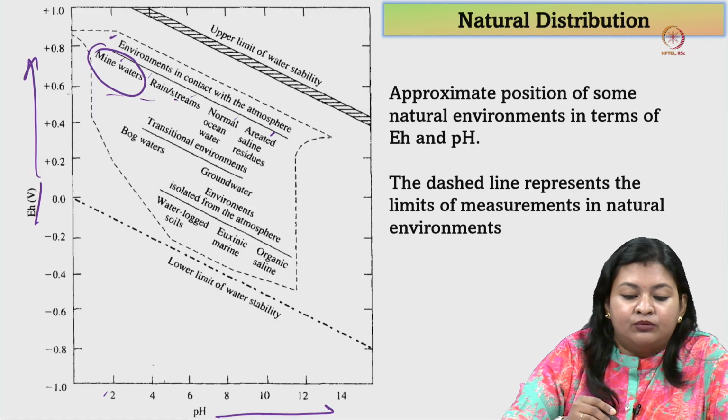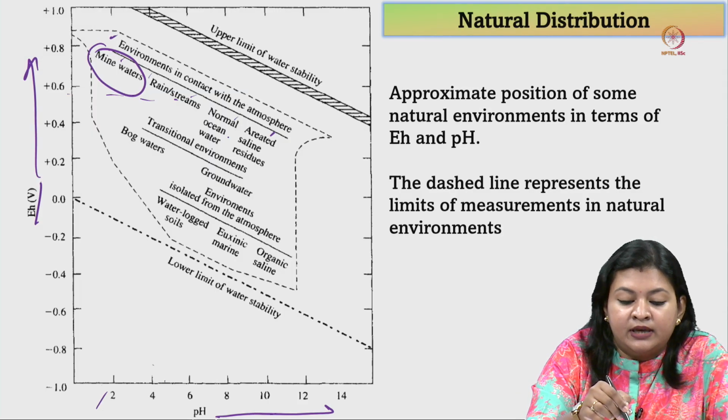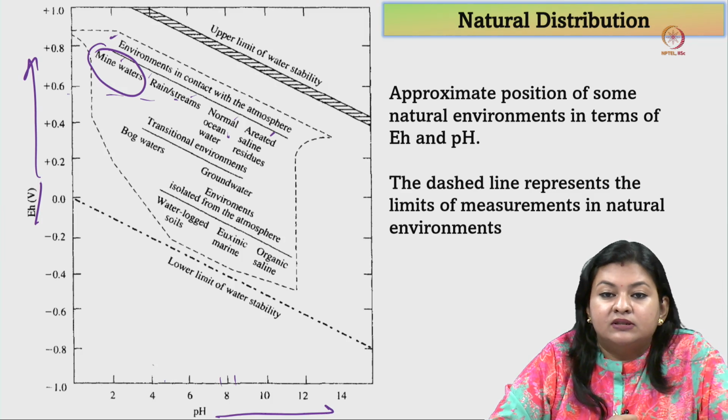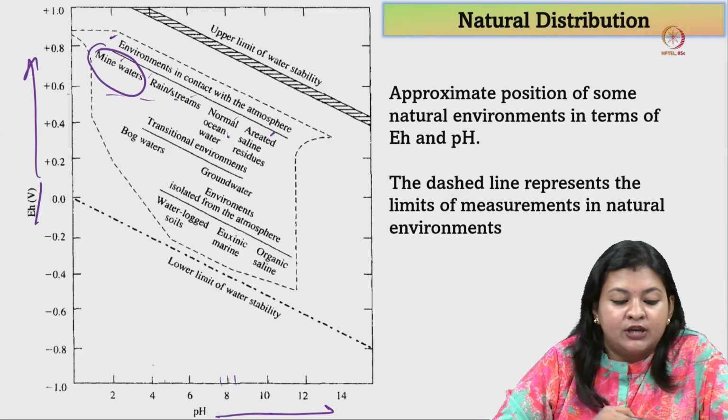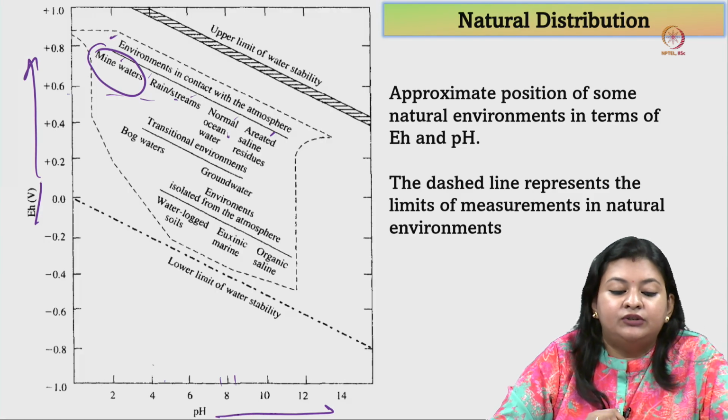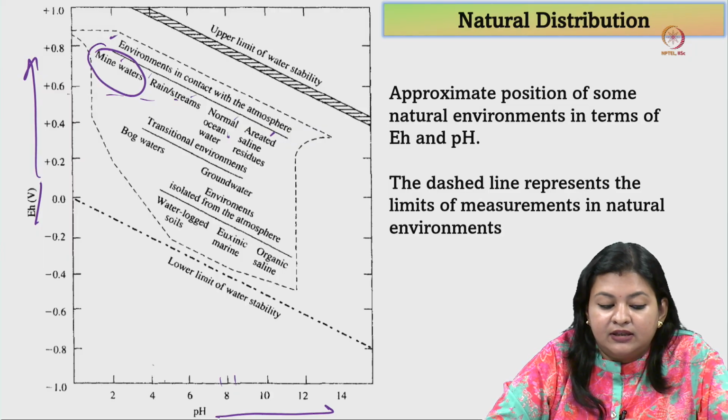Then comes our ocean water. Ocean water falls within this range, 7.8 to 8.34, that kind of pH, and in terms of oxygen it will come here, 0.3 to 0.5 EH in volt terms.